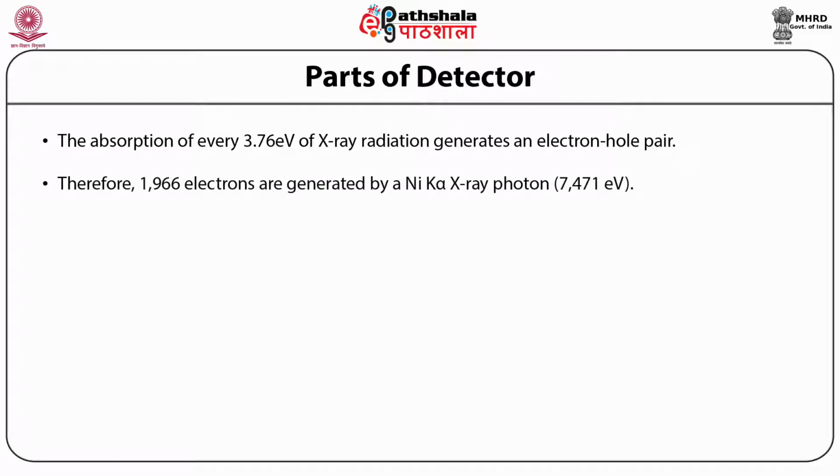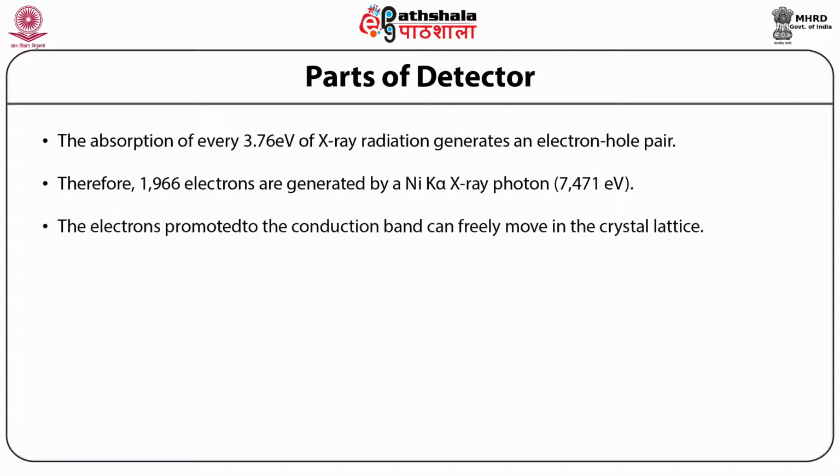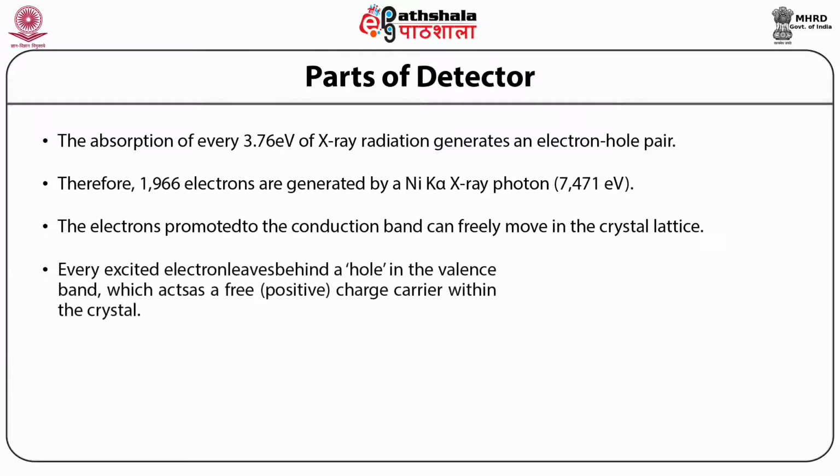Therefore, 1966 electrons are generated by a nickel K alpha X-ray photon of energy 7471 electron volt. The electrons promoted to the conduction band can freely move in the crystal lattice. Every excited electron leaves behind a hole in the valence band which acts as a free charge carrier within the crystal.